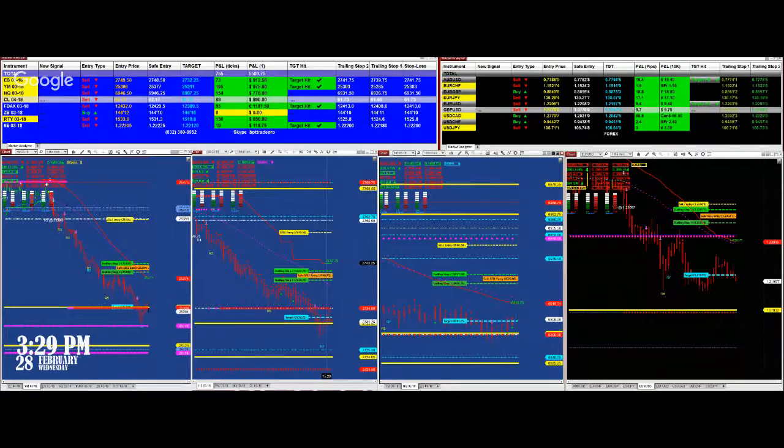Please mark those on your charts, and on your YM mark 25271. 25271 on the YM, and keep your eye on those numbers even for tomorrow morning early. Keep your eye on those numbers.